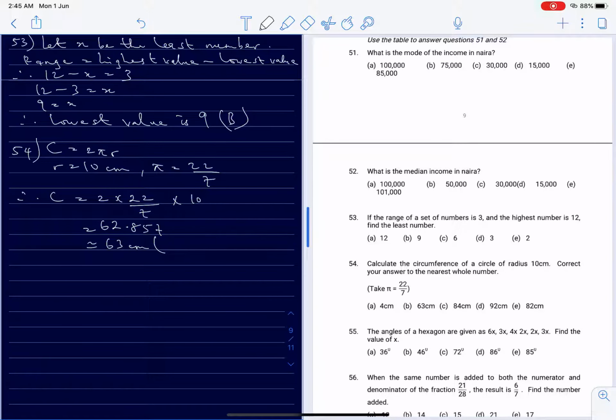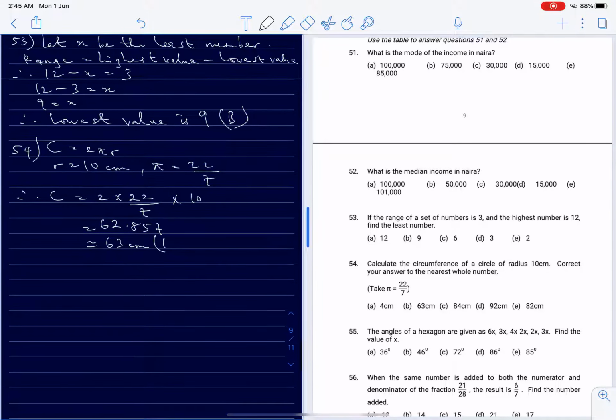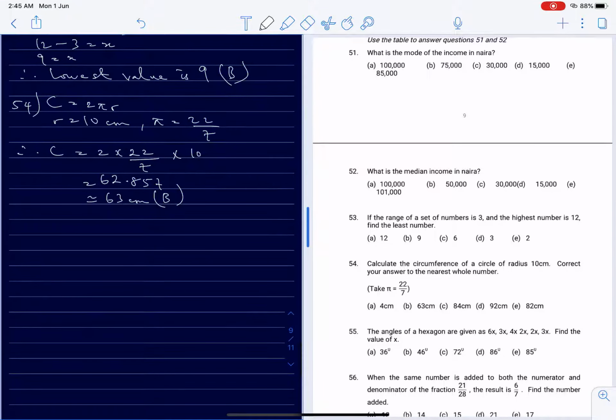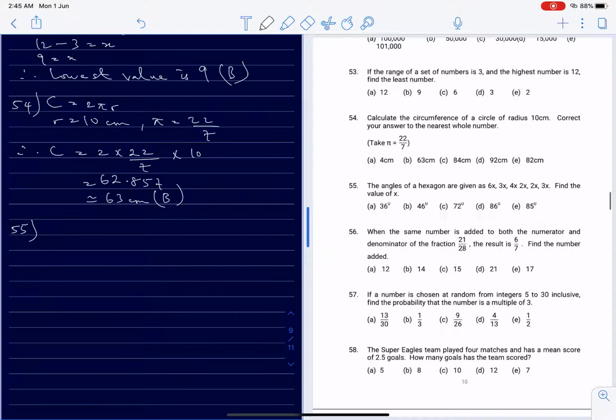The correct option is B. Now to the next, number 55. The angles of a hexagon are given as 6x, 3x, 4x, 2x, 2x, and 3x. Find the value of x.